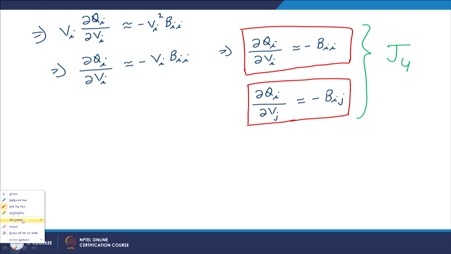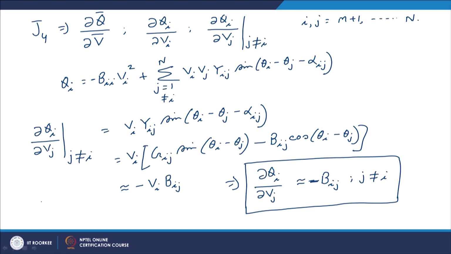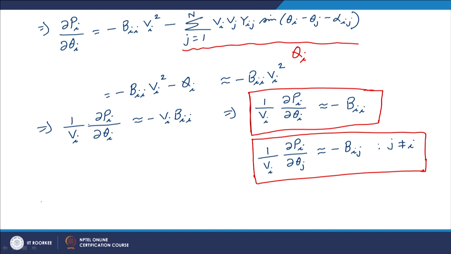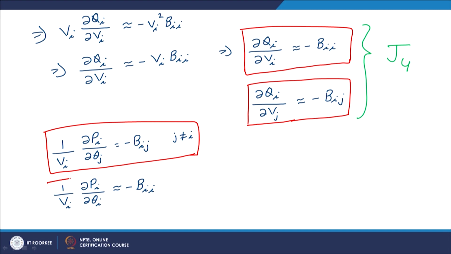Again for J1 we write that (1/V_i) ∂P_i/∂θ_j is equal to minus B_ij, j not equal to i, and (1/V_i) ∂P_i/∂θ_i is equal to minus B_i. So, we have got these expressions.